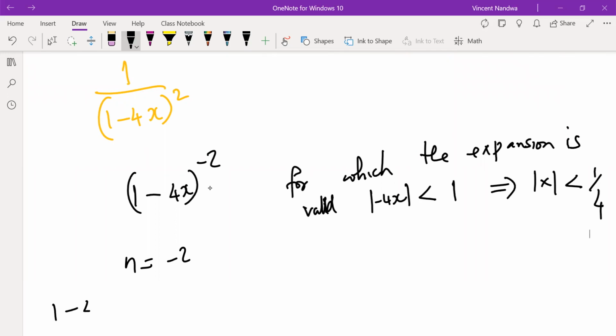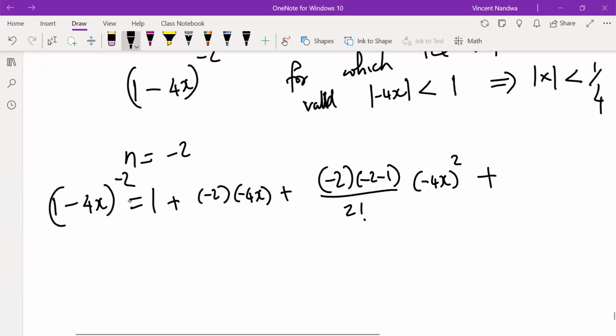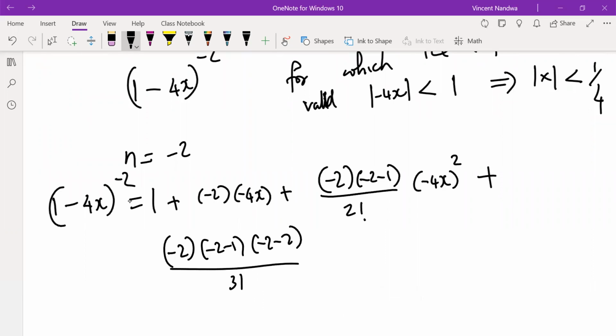So (1 minus 4x) power negative 2 would be 1 plus n, which is minus 2, times minus 4x, plus minus 2 into minus 2 minus 1 over 2 factorial, minus 4x squared, plus minus 2 into minus 2 minus 1 into minus 2 minus 2 over 3 factorial, minus 4x power 3, plus other several terms.